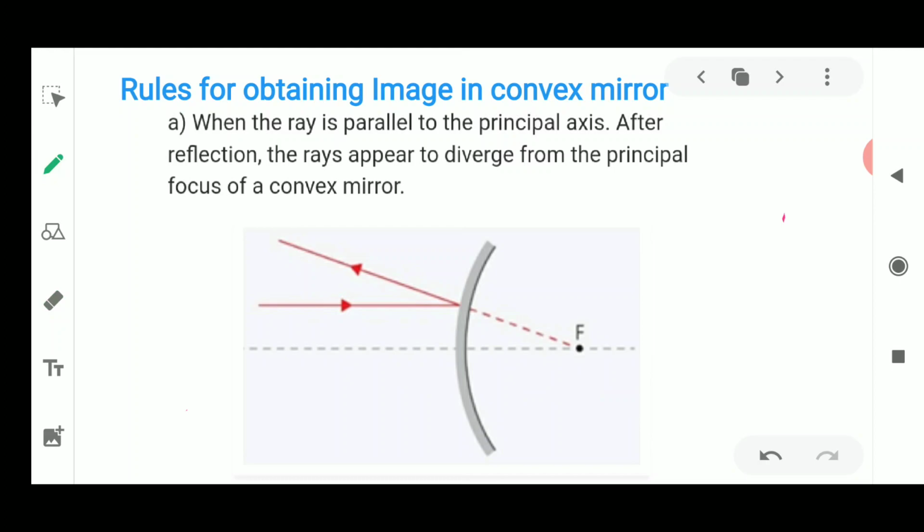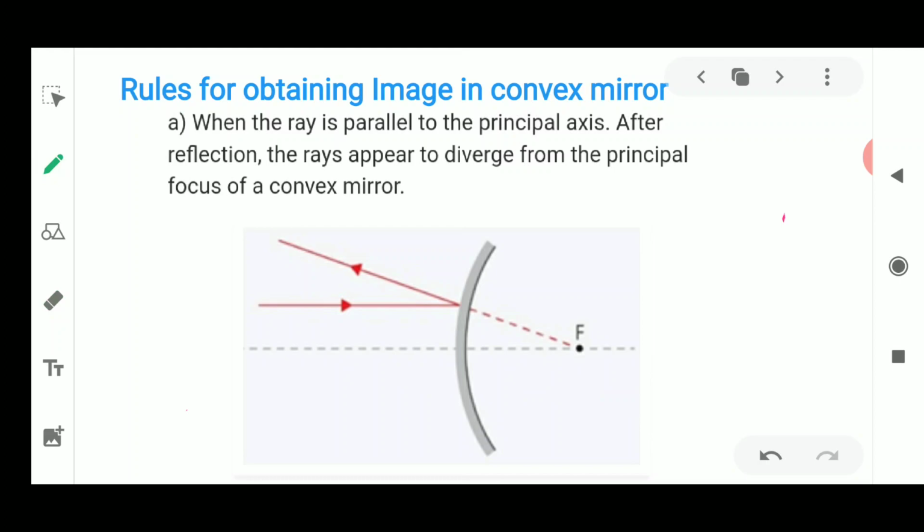So the image will be obtained at the back side of the mirror. This rule is going to be the same, but the image which appears will always be inside the mirror.